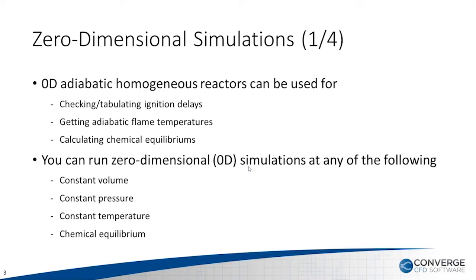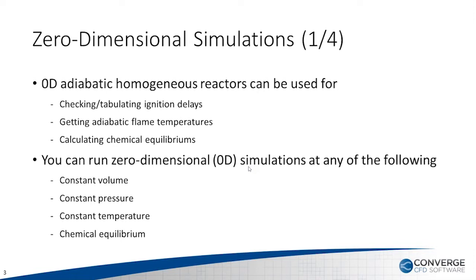You can also use the 0D reactor for checking adiabatic flame temperatures. If you have a mechanism, you may want to know the maximum temperature, for example to see how NOx may increase.